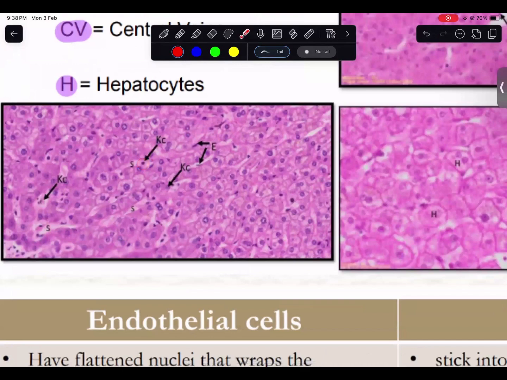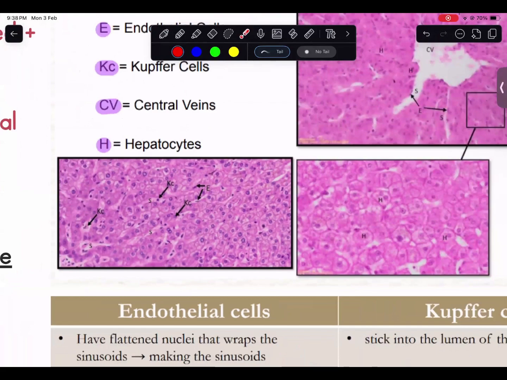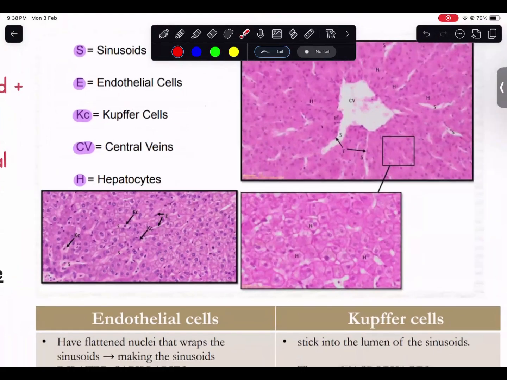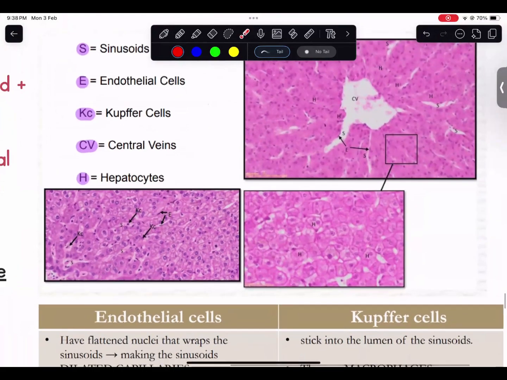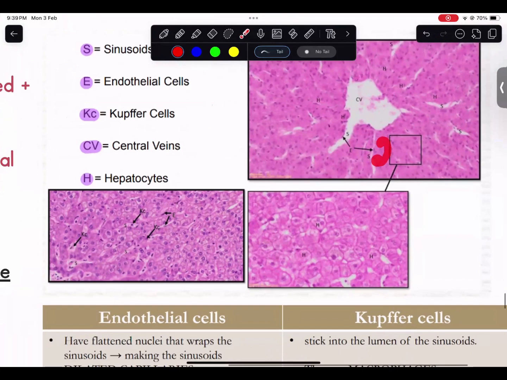To not get confused between the hepatocytes and the Kupffer cells, just make sure you know that the Kupffer cells are along the lines of the sinusoids, because they're lining the sinusoids with the endothelial cells. So wherever you see endothelial cells, around them you're also going to see your Kupffer cells. Whereas hepatocytes, you're going to see as a cluster somewhere around. They're not going to be along the line or in the lumen of the sinusoids.